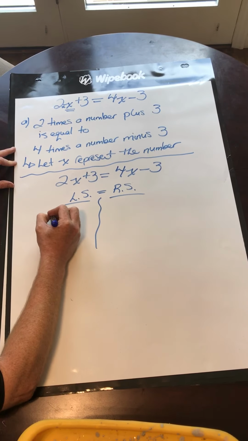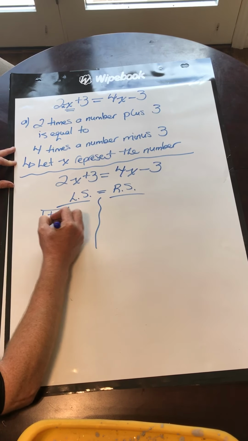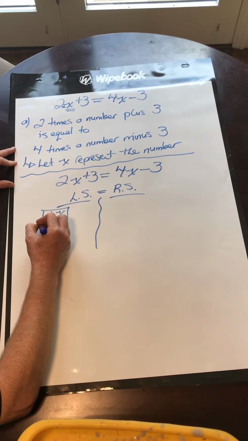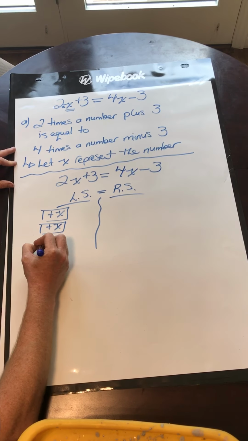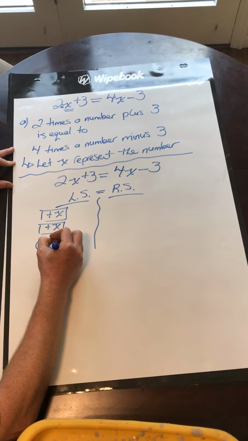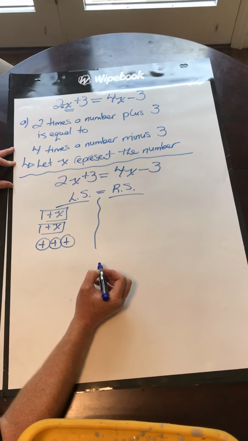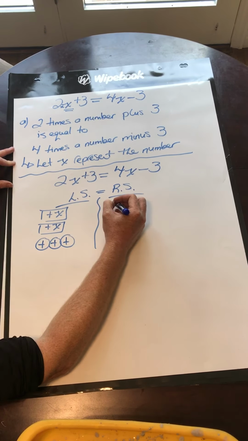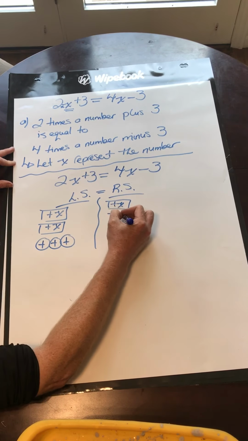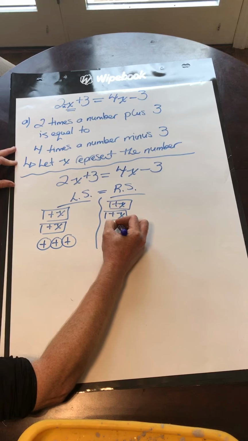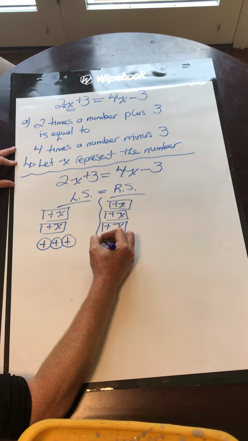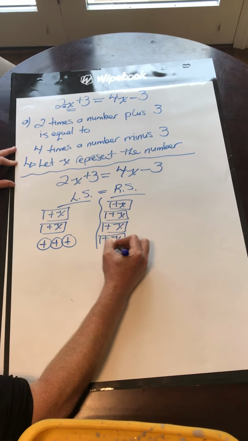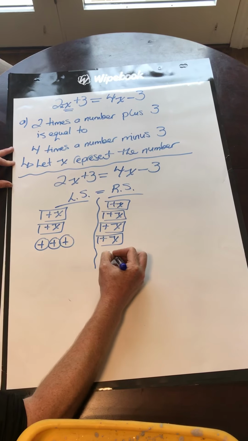And we're going to write on here 2 positive x variable tiles and 3 positives. And on this side, we're going to have 4 positive x tiles and we're going to have 3 negative tiles.